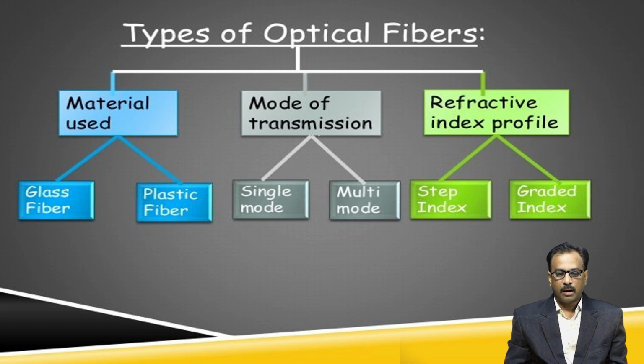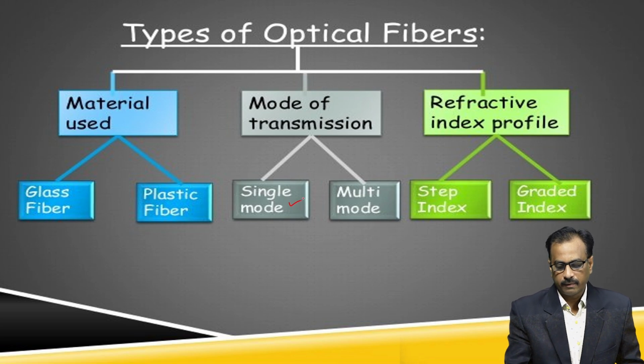Next, the mode of transmission. The mode of transmission depends upon the diameter of the core material, single mode or multi mode. Based on the modes of transmission, the optical fibers are classified into two types: the single mode optical fiber and the multi-mode optical fiber.